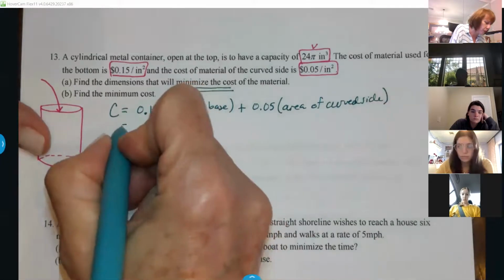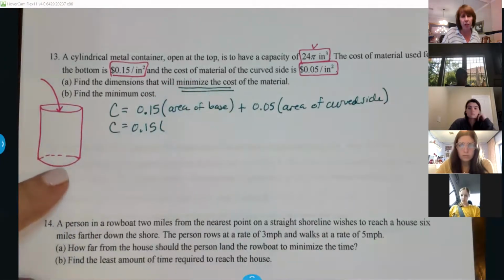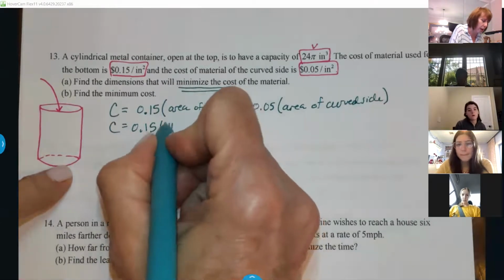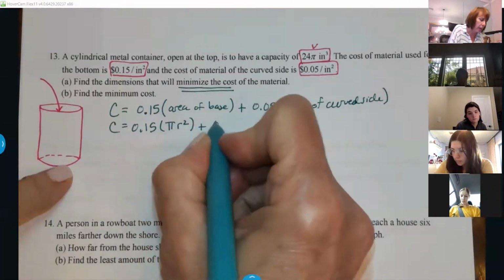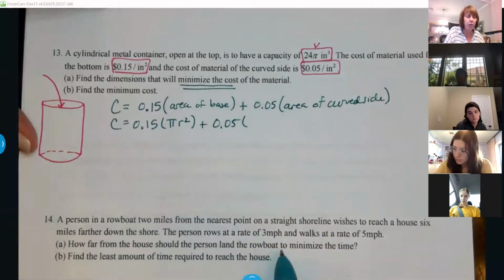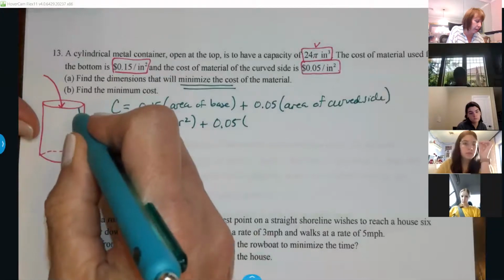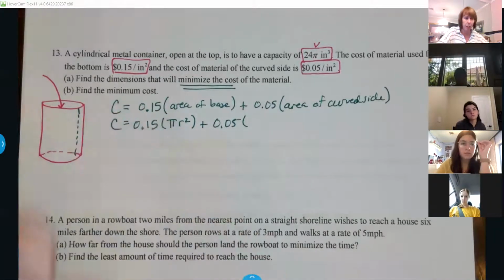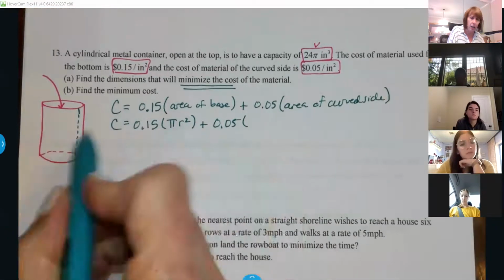So this is going to be the area of the base. Well, the base of the cylinder is a circle. So this is just going to be pi r squared. And then the area of the curved side: remember, if we take this cylinder and we slice it down the side and then we spread it out, it would be a rectangle. And the rectangle would have a length and a width.